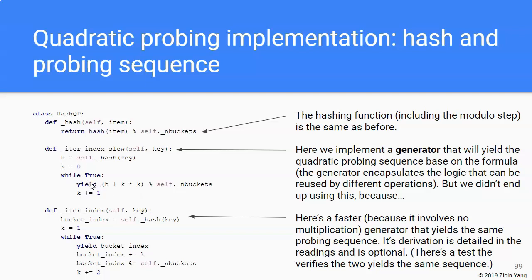However, I did not end up using this generator because it is slower than this generator, which uses exactly the same sequence, but this one is faster because it only uses additions, whereas this one uses a multiplication. The derivation of this is described in detail in the readings, if you have access to it. But it's entirely optional whether you understand how this works or not.